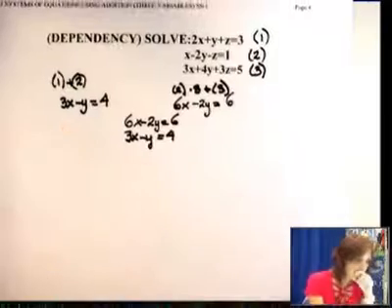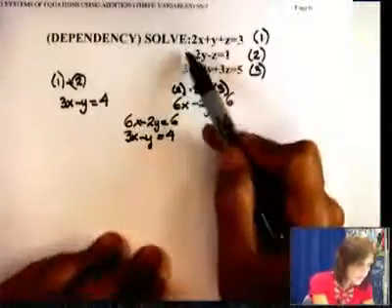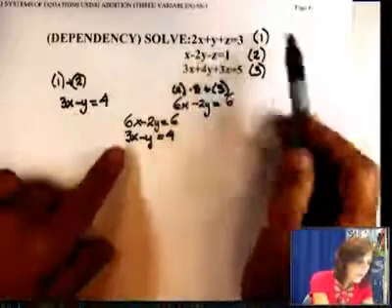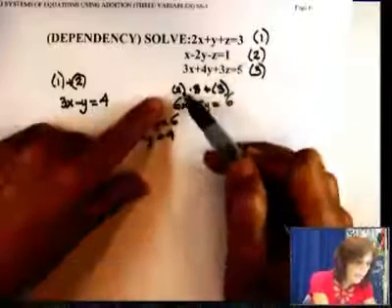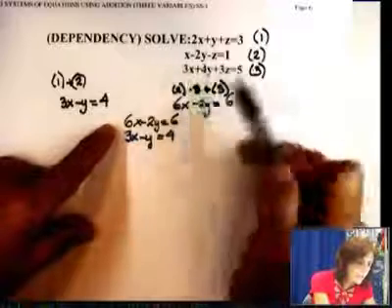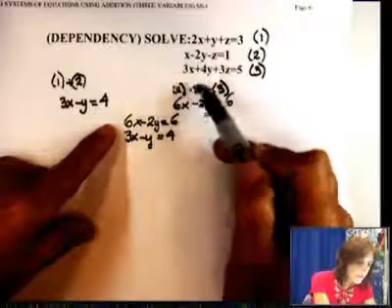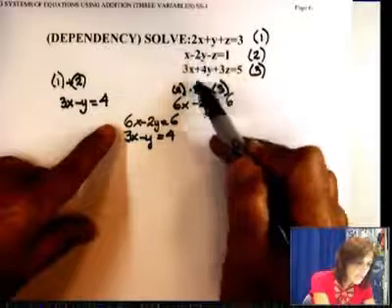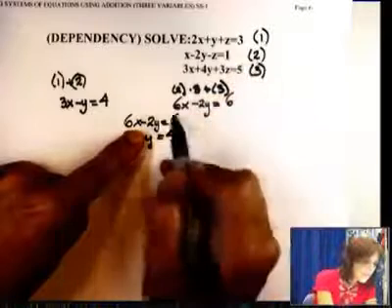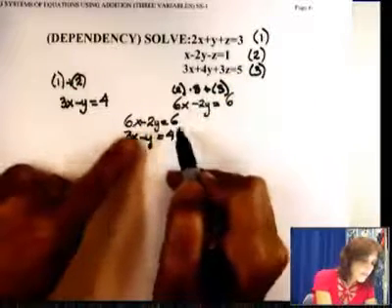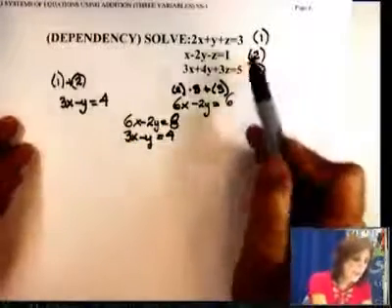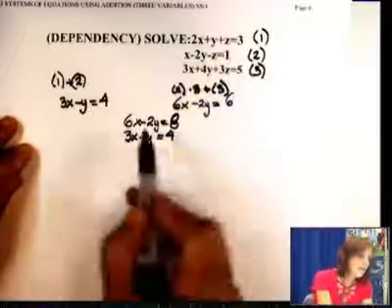Well, let me make sure that I got this one right. 1 and 2 is 3x minus y equals 4. And 3 times 2, so that's 3. That's 3 plus 3. That's 6. Negative 6 plus 4, so negative 2. So 3. So that's 8. Sorry, that's 6. All right. So I have 3 plus 5. That's 8.